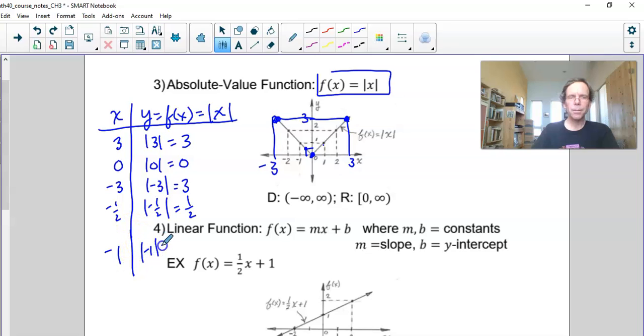Right. So you get this V shape that goes forever and ever to the right and to the left and up forever.